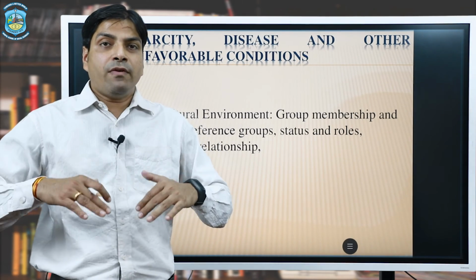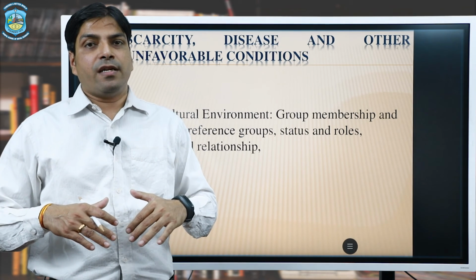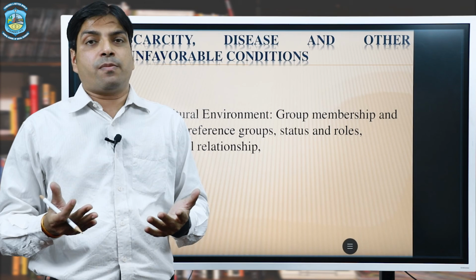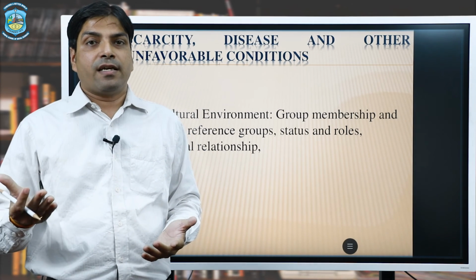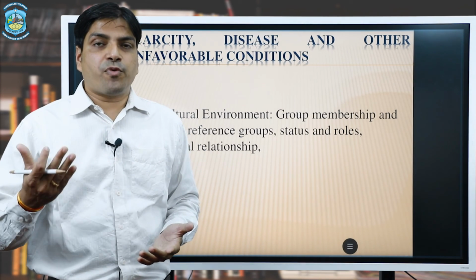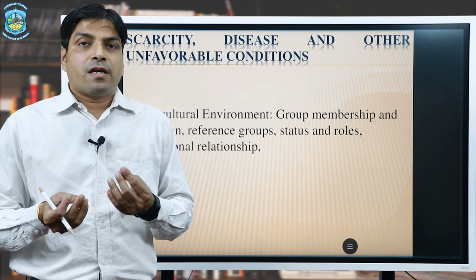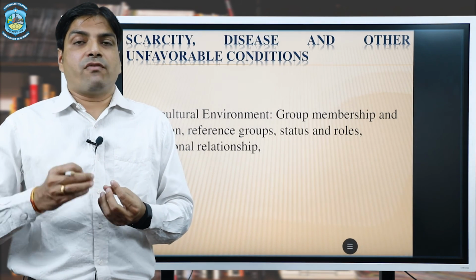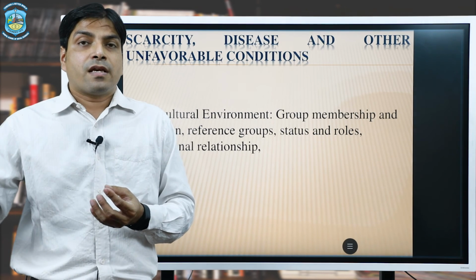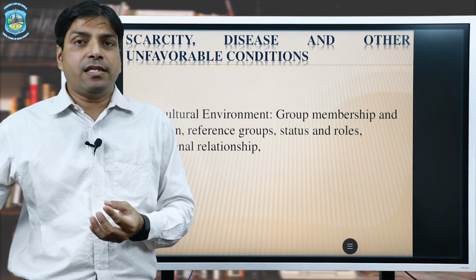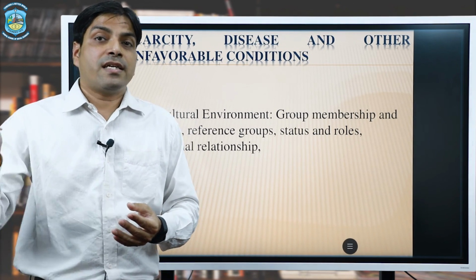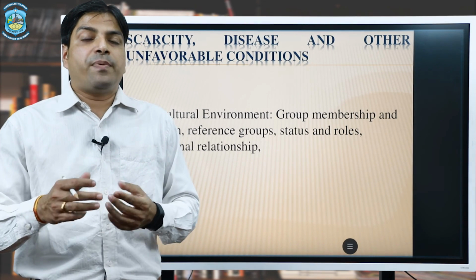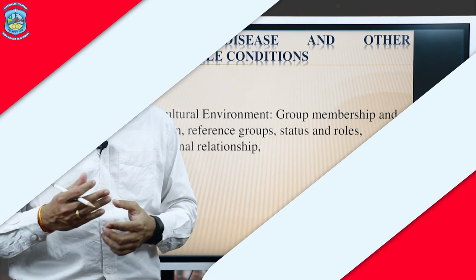Earlier, when we are in our family of orientation, we do not have so many responsibilities, but as we move ahead, in the family of procreation we have to maintain relationships with our kith and kin, with our near and dear, and with our different significant others. And thus, the environment compels us, the environment promotes us to behave in a particular way in the particular environment.